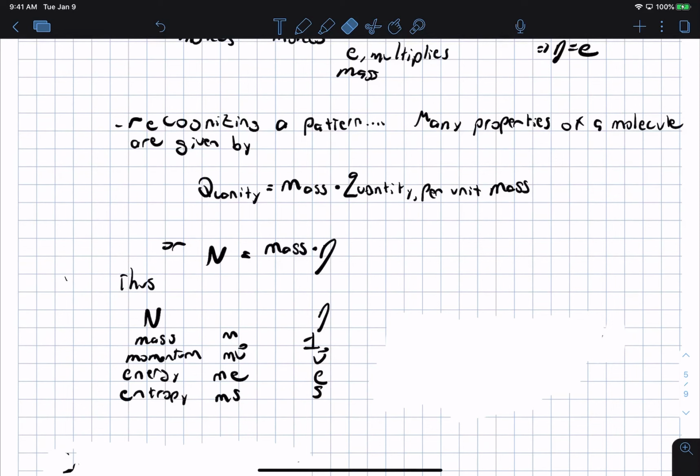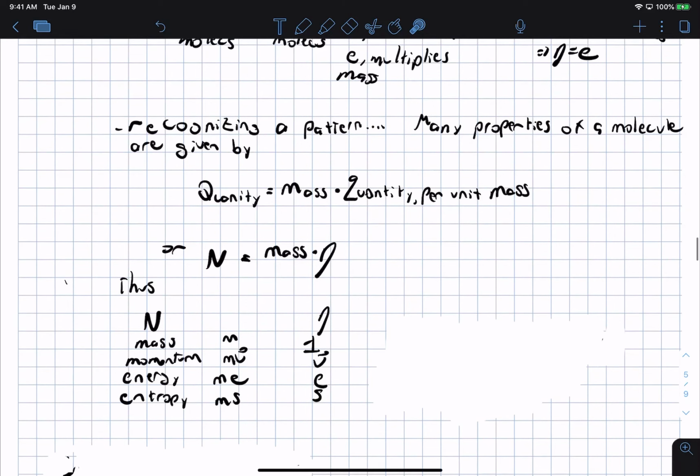I'm not going to go through the entire table, but say if N is mass, that's given by small m, and eta in our formula is just 1. Again, remember that the flow rate would be the integral of eta rho v dot n hat dA. So if you want to find the mass flow rate through a given surface, you can apply this formula, and if you want mass, you use eta equal to 1.